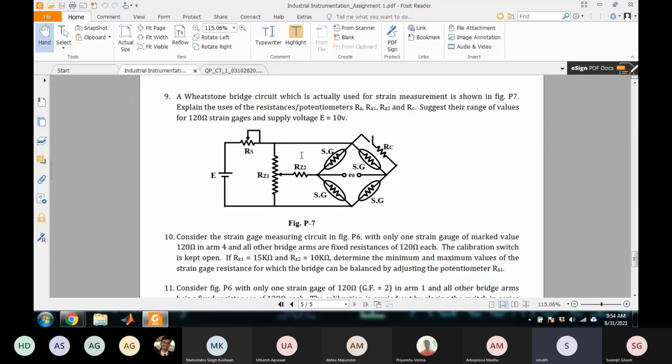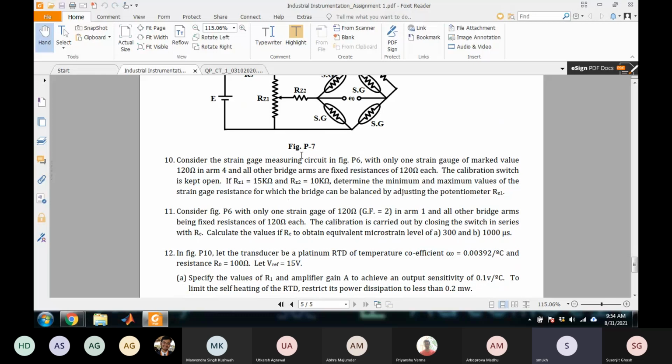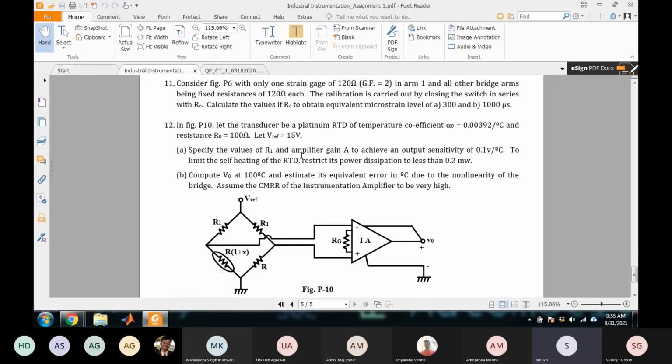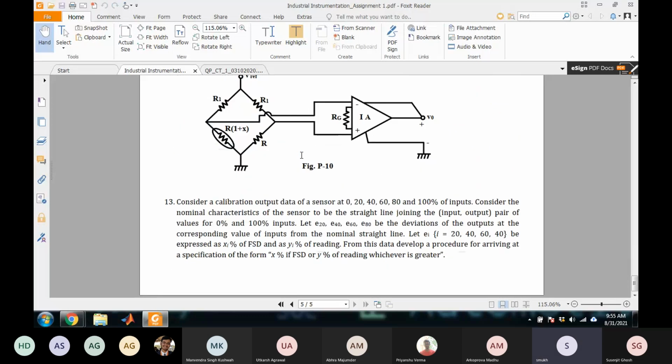What is problem 10? Problem 13. These are simple problems, 10, 11, 12. Problem 13 is a very interesting problem which I figured out this time. The new problem. So it is a very special problem. If you can find out how to do it, it will be great.